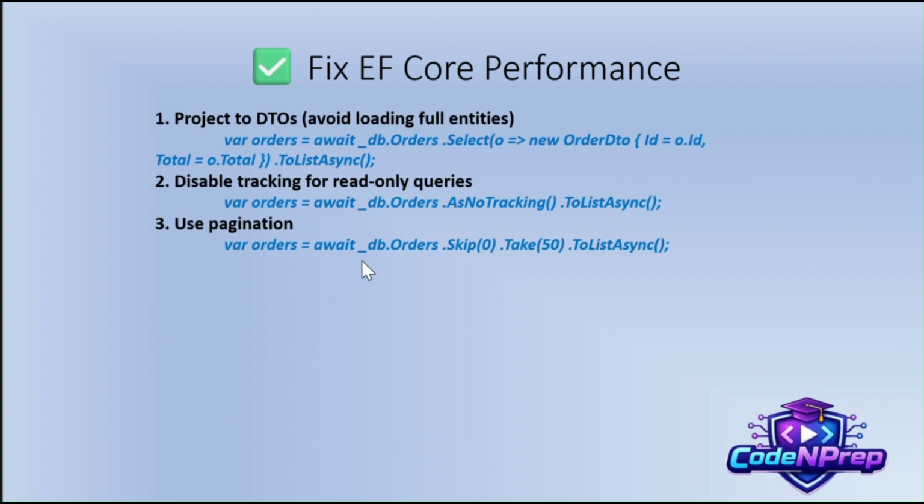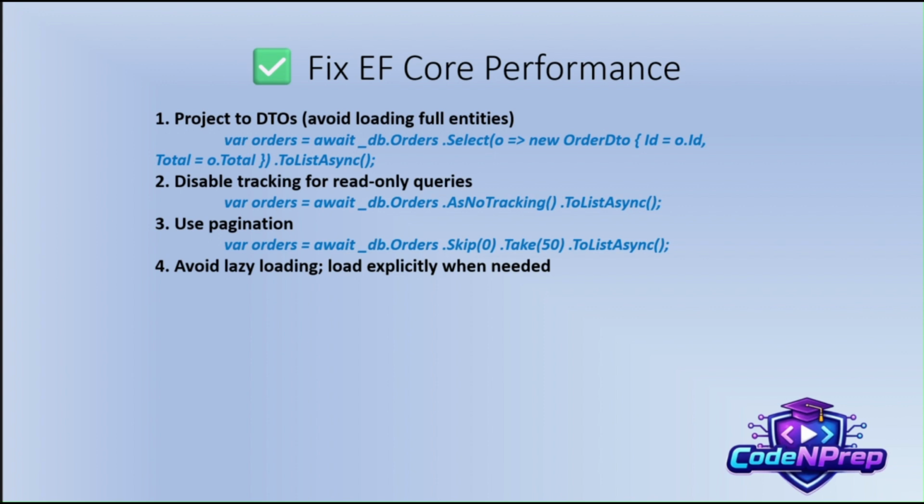For pagination, you can use the Skip and Take functions. In this example, we are telling the database that we want only the first 50 records. Skip 0 records and take 50 means it will fetch the first 50 records. So it will fetch fewer records so that we are not fetching unnecessary rows into our memory.